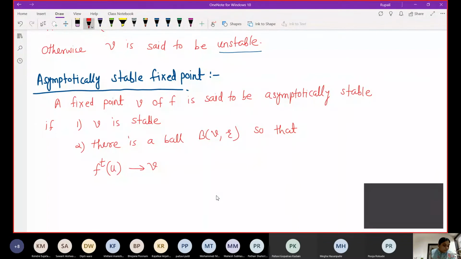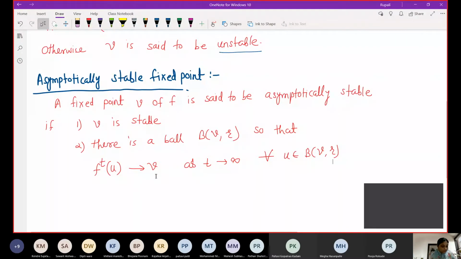Okay, so what does this definition mean? Asymptotic stability requires an additional condition. First, it should be stable, and the additional condition is that all solutions which start near V, we are taking an open ball, we are taking points U, and we are saying f raised to t at U converges to V. Means all solutions which start near V converge to V. Then we say that it is asymptotically stable.